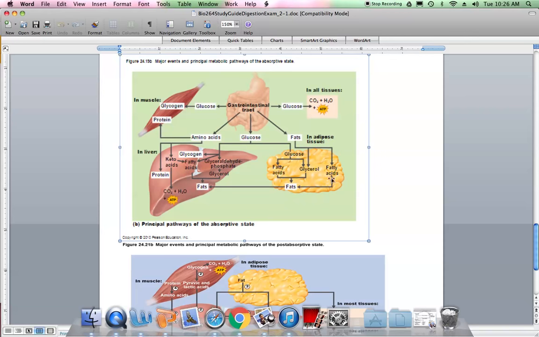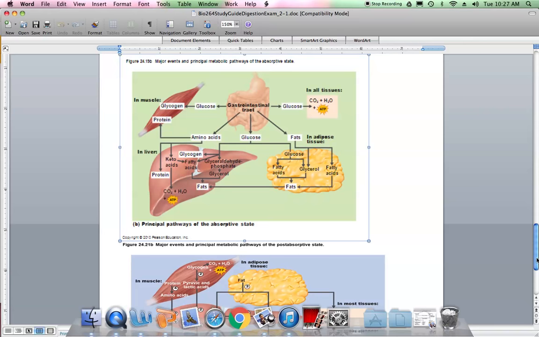Now, before this happens, if your glycogen stores in the liver and in muscle have been depleted, the glucose will first be bound together to make glycogen stores, because this is your short-term energy storage in skeletal muscle and also in the liver. So you can see glycogen is made here. So basically that's what I want you to know about for the absorptive stage.